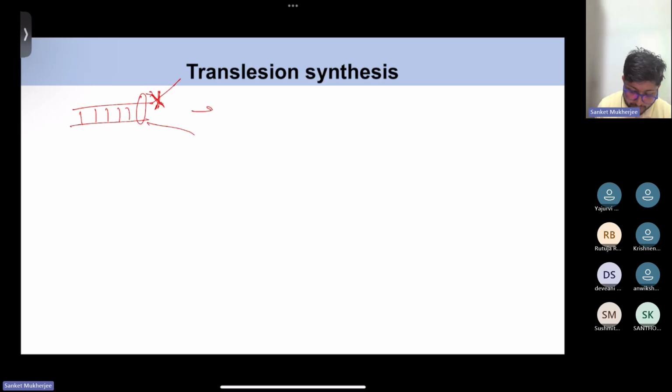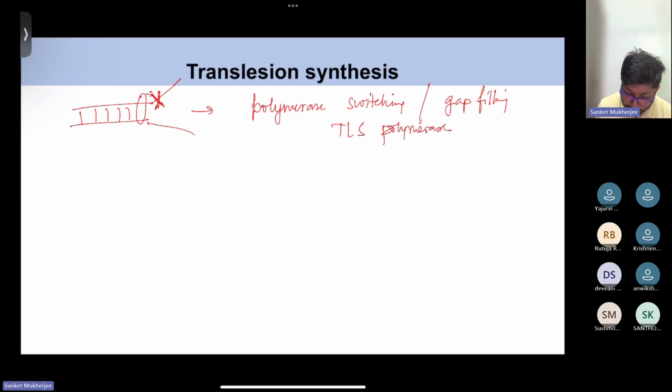Now, this repair can be processed through two pathways, either polymerase switching or gap filling. The polymerases involved are highly conserved TLS polymerases. We'll talk about it.